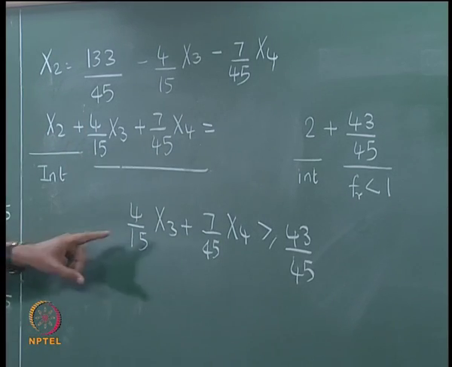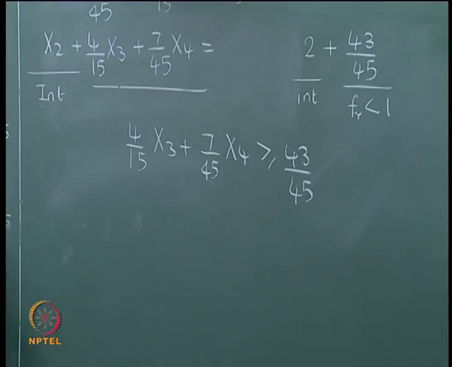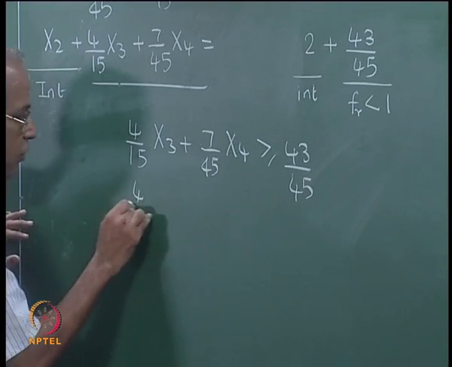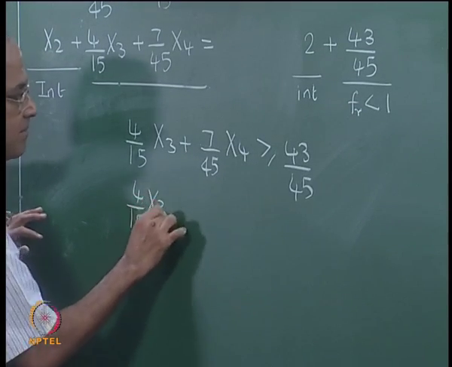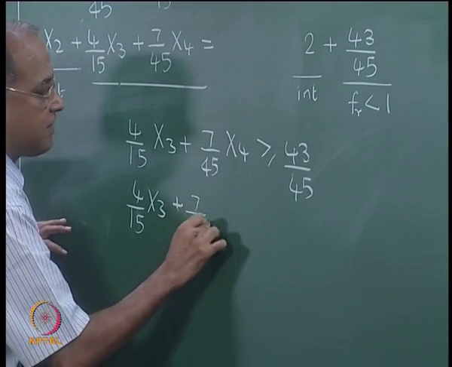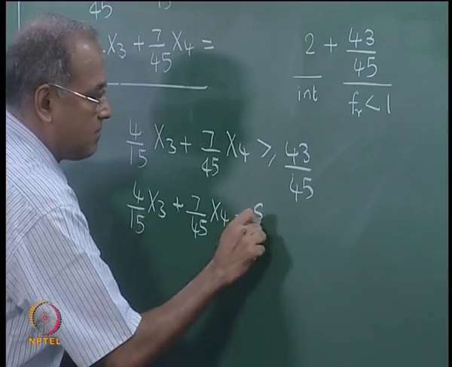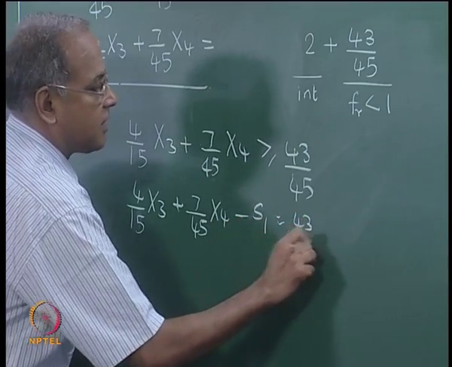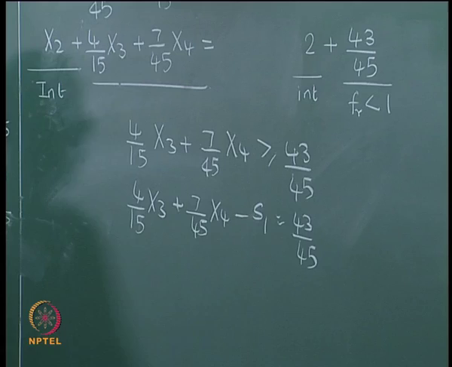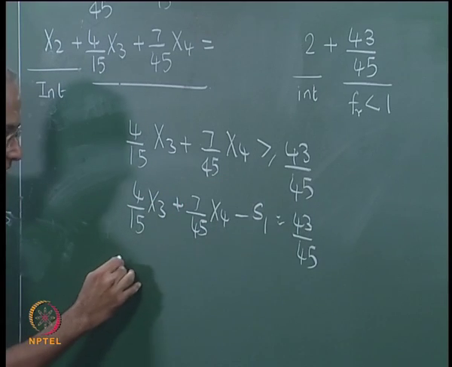Now we make this an equation by adding a negative slack. So this will become 4 by 15 x3 plus 7 by 45 x4 minus s1 equal to 43 by 45, from which take s1 to the other side.